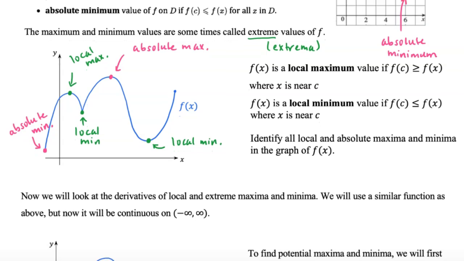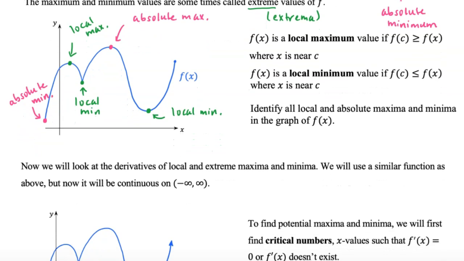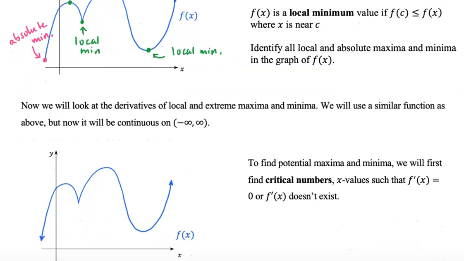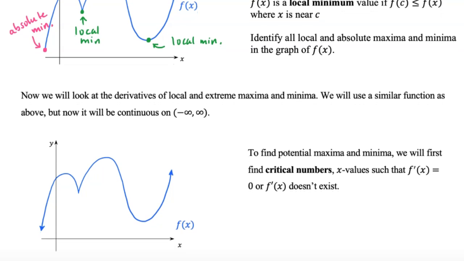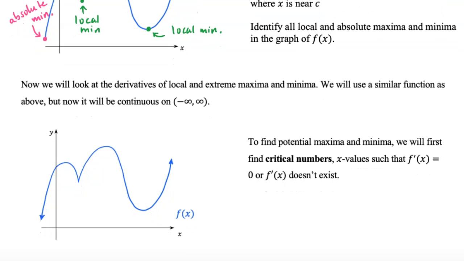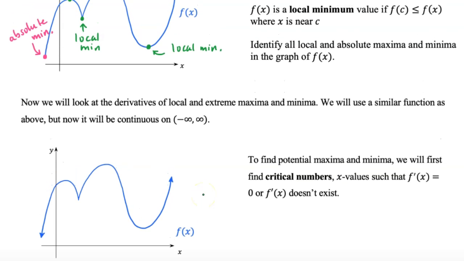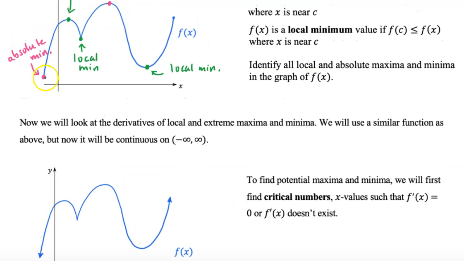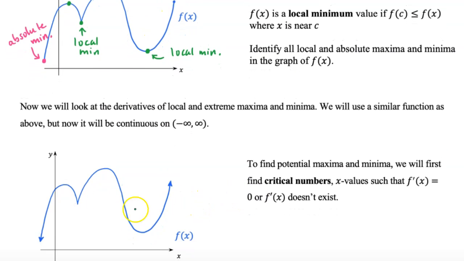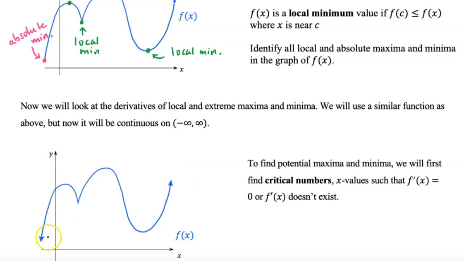So now we will look at the derivatives of these local extreme maxima and minima. We will use a similar function as above, but now it will be continuous on negative infinity to positive infinity. So all that means, if I look at these two graphs, the only difference is that my endpoints have now turned to arrows. So now these functions are continuing from the left and right.